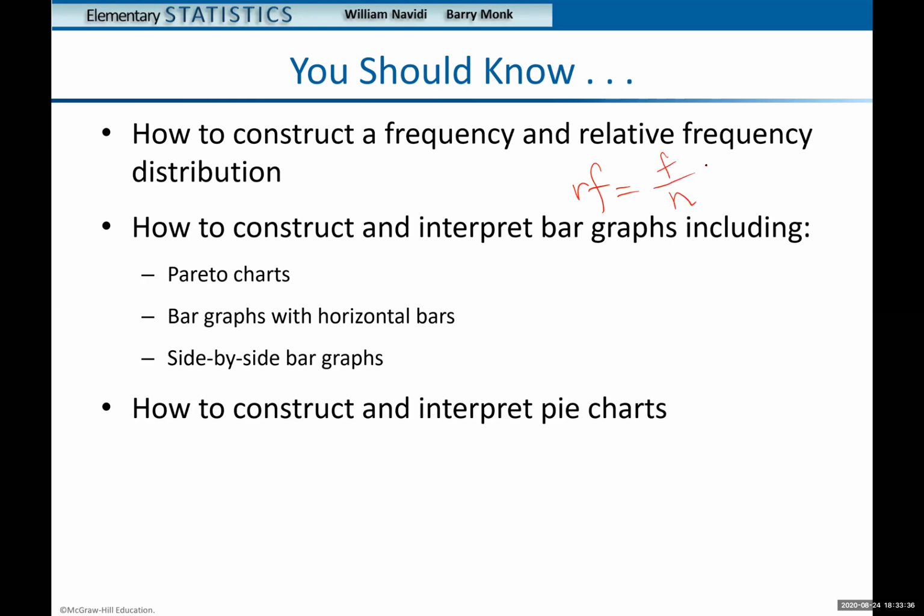Frequency over sum of frequencies. Yes, thank you. And you're going to need this also for the next sections. So we use frequency and relative frequency to construct bar graphs, Pareto charts, or even a side-by-side graph. And RF also for pie charts. Okay.